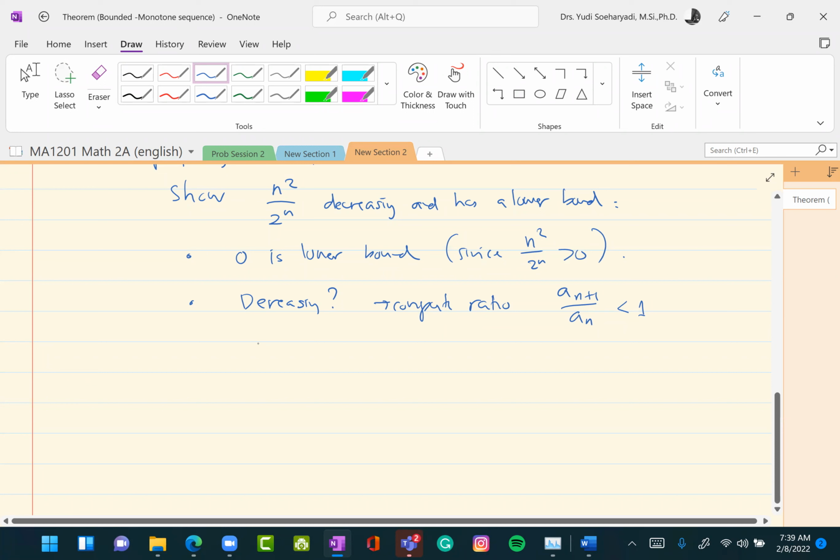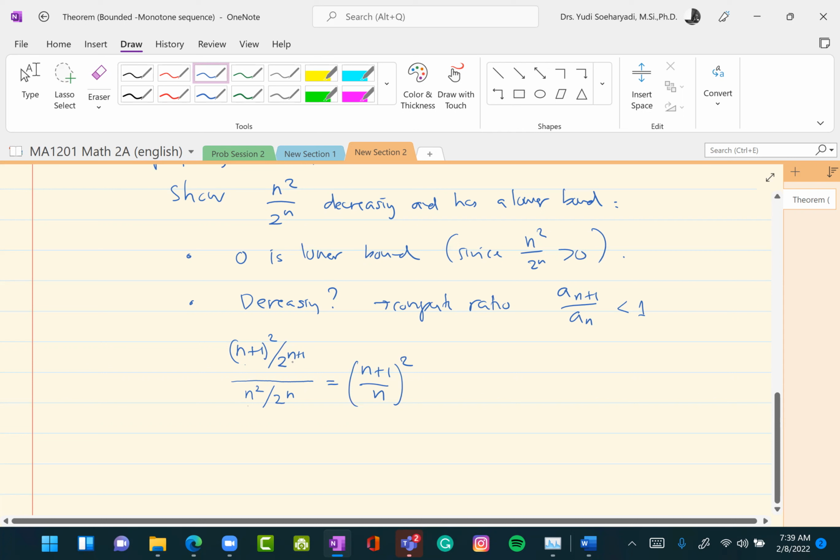All right, so let's compute this one. So a_{n+1} is (n+1) squared over 2 to the n plus 1, and divide by a_n. a_n is just rewriting this. Okay, let's simplify this. (n+1) squared there, and you have cancellations here.